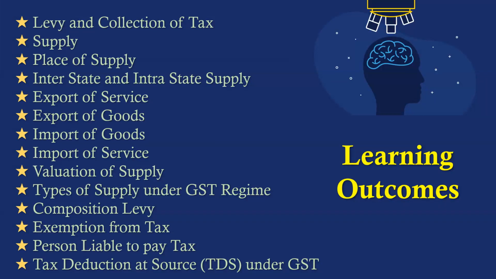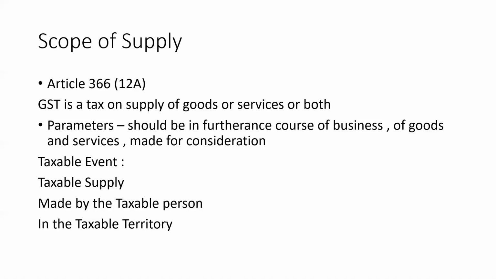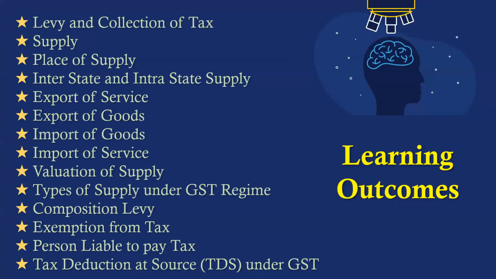Then the export of services, export of goods, import of goods and services, the valuation of supplies, the types of supply, composition levy, exemptions, the person who is liable for paying the taxes, and the TDS part under GST.